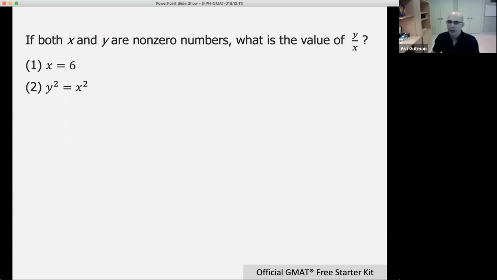Now, one of you wrote that statement 2 is correct. I just want to warn you that the statements are always correct. The question is not asking us, are these statements correct? The statements are always truthful, they're correct. Our job is not to determine the correctness of these statements. It is not a true or false question.